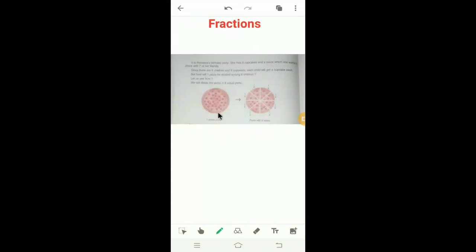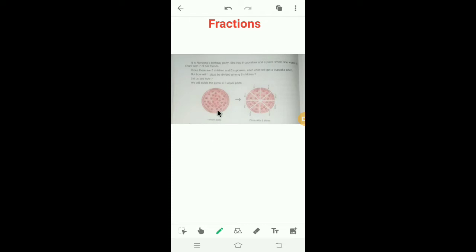Here we have one whole pizza and 8 children. So we will divide the pizza in 8 equal parts. Now each child will get one slice of pizza each.